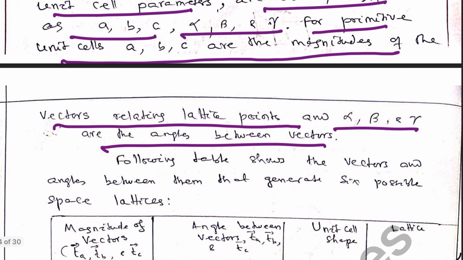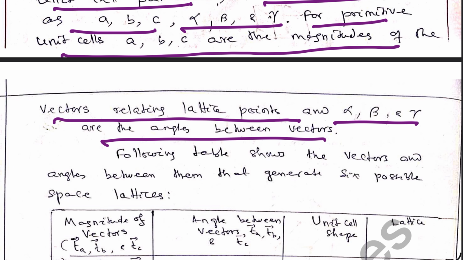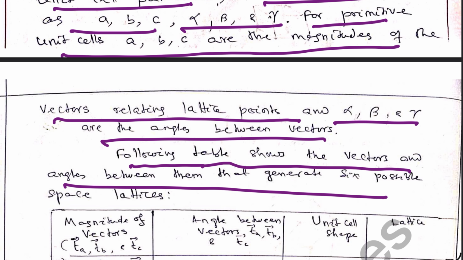So, based upon that, we have 6 types of unit cells corresponding to 6 crystal systems. The following table shows the vectors and the angles between them that generate the 6 possible space lattices.